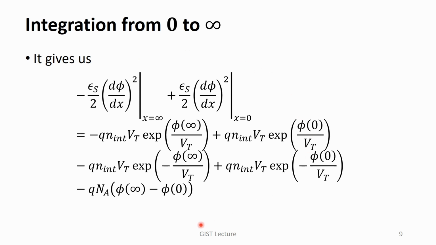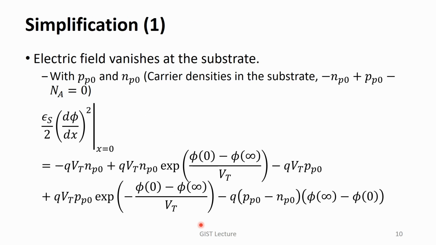Well, it looks quite complicated, but we will arrange it. First of all, it is noted that the electric field vanishes at the substrate. In other words, d phi over dx equal to 0 at x equal to infinity.